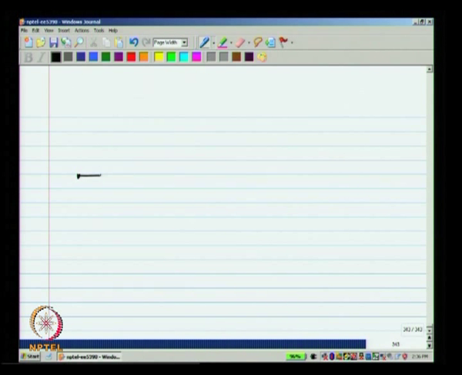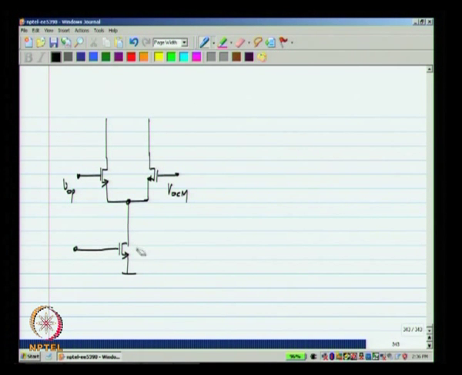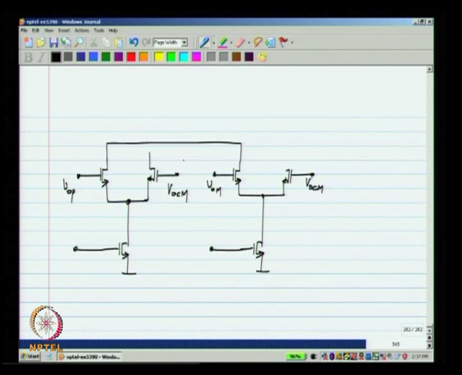So, what I will do is I will have two differential pairs, one with VOP and VOCM, and one with VOM and VOCM. And I add up the currents. Okay.